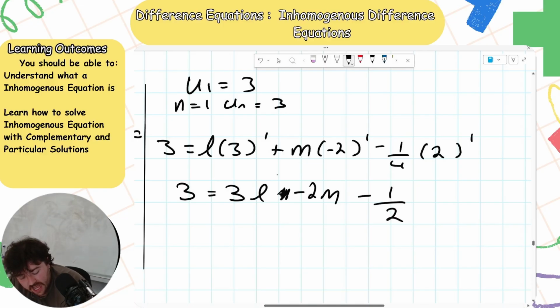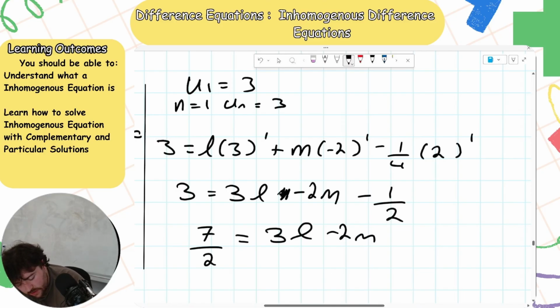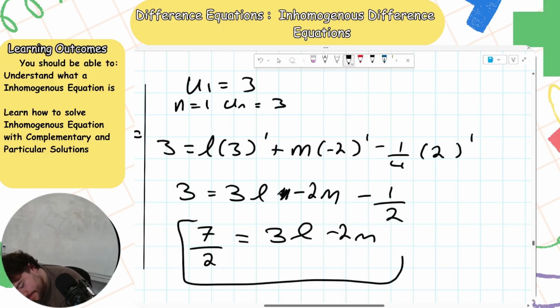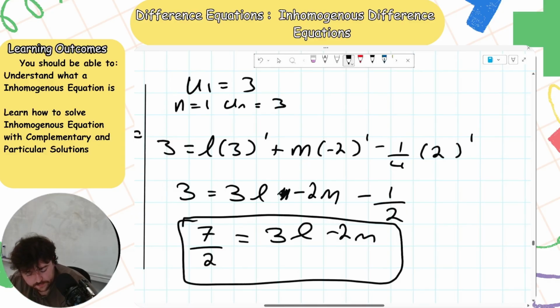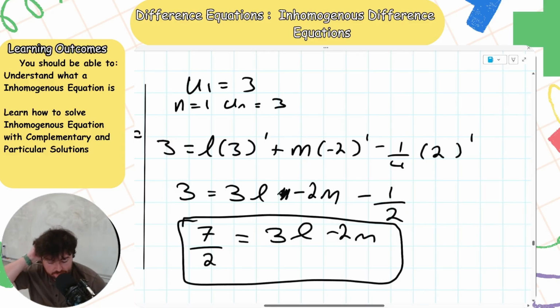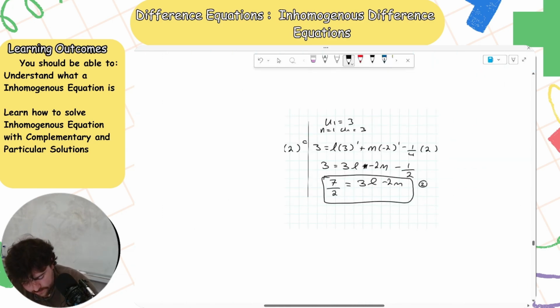So bring this half over: 3 plus a half is 7 over 2, so 7 over 2 equals 3L minus 2M. So now I have my second simultaneous equation. I now just need to solve them.